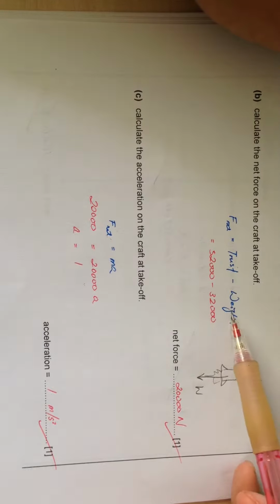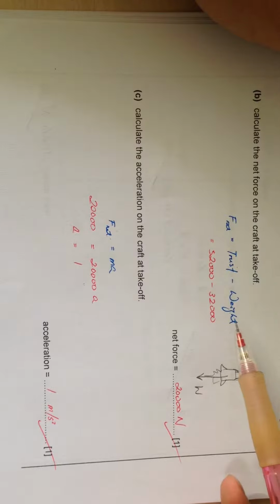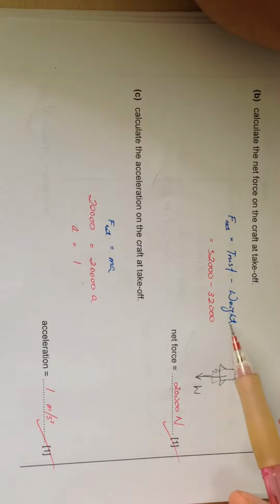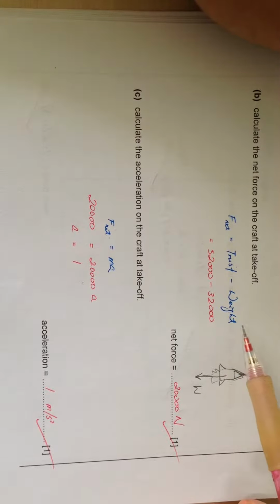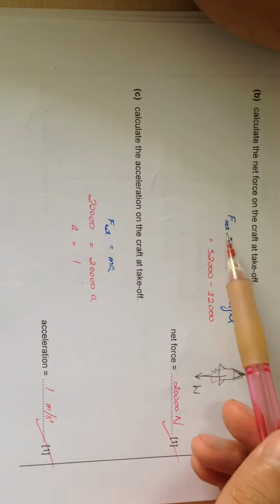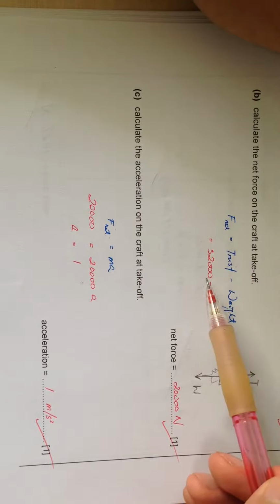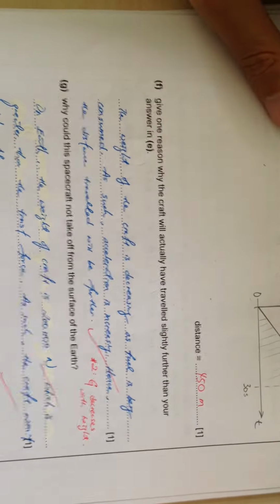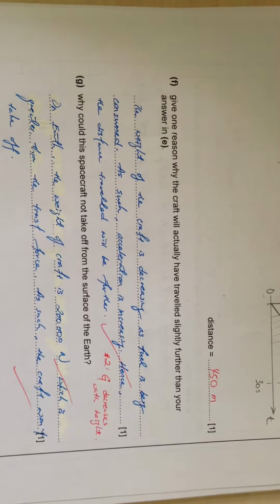But the weight here is not, because as you burn your fuel, the fuel has some mass. So the weight of the spacecraft is actually decreasing. If the weight is decreasing, your F net will be increasing. If your F net is increasing, your acceleration is increasing. If your acceleration is increasing, of course, the actual distance traveled is going to be larger.